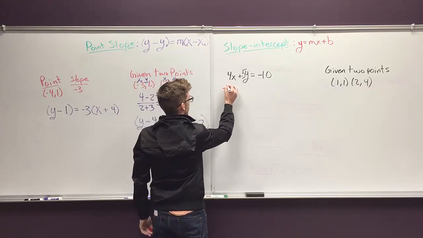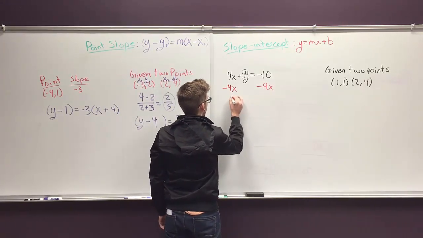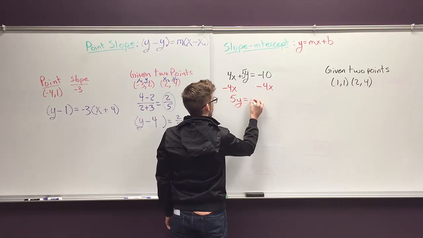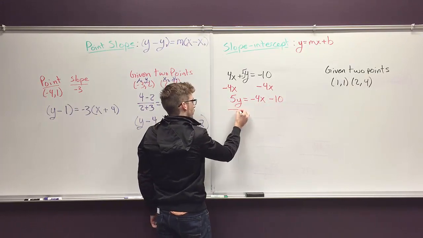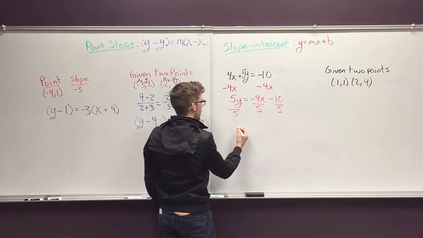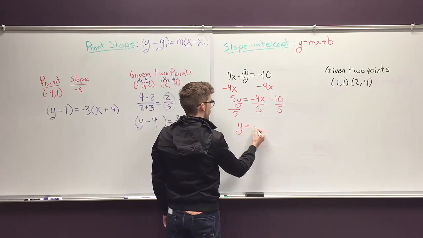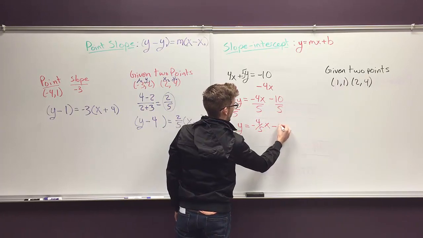So we want to subtract 4x from both sides. And so that would leave us with 5y equals -4x minus 10. Now we're going to divide everything by 5 to get y by itself. And when we do that, we get y equals -4/5 x minus 2.